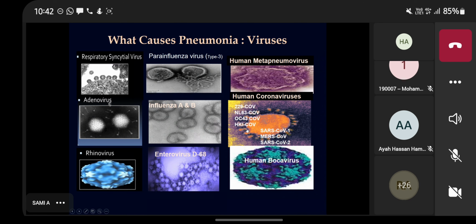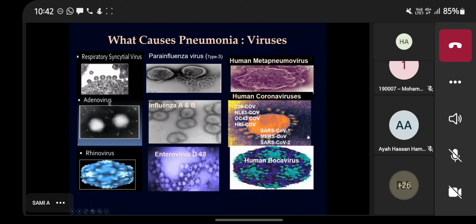Now, these four viruses are responsible for also common cold, which we get every winter. And I can say about 15 to 20% of all recurrent common cold caused by one of these four viruses.